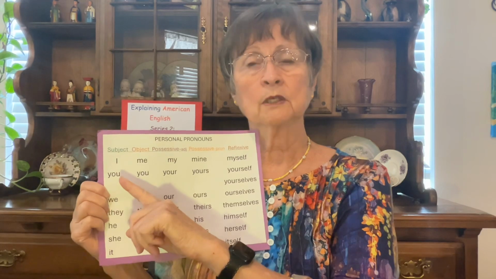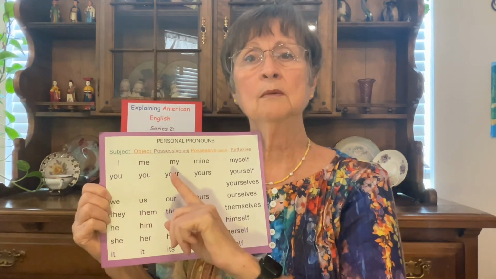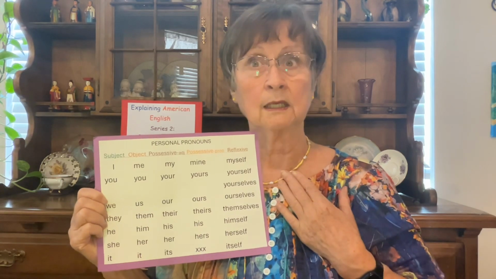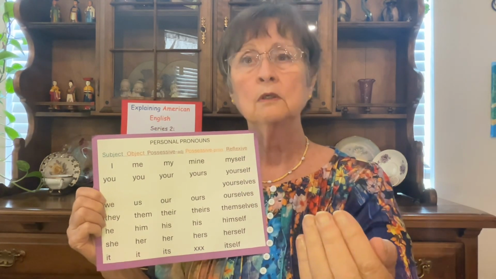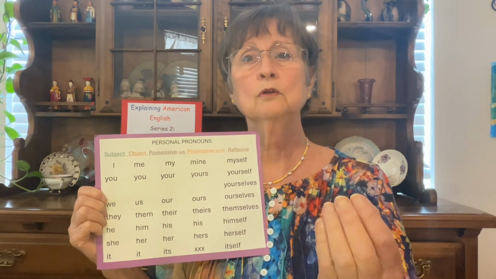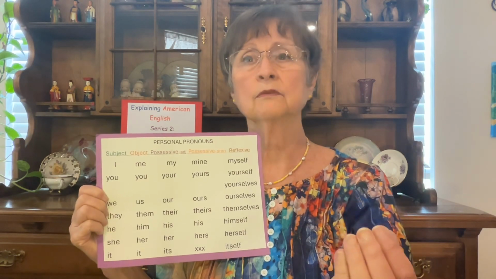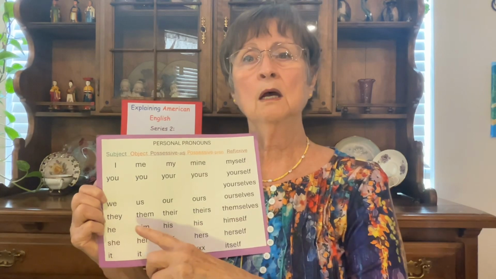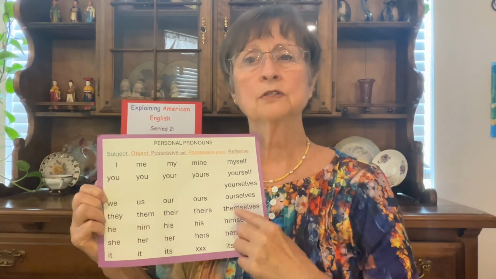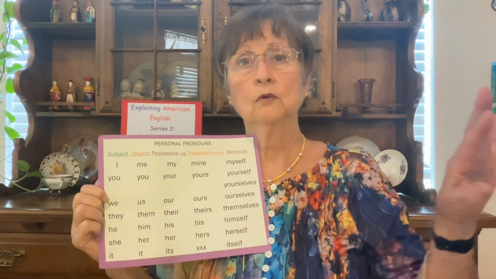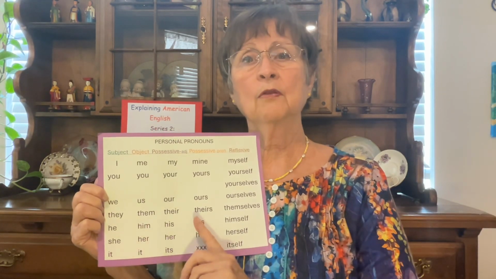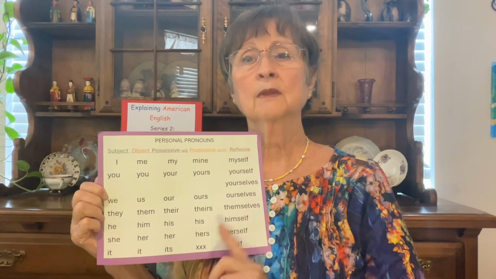I is the subject. You could also have me, my, mine, and myself, all talking about me. You, your, yours, yourself, yourselves. We, myself and another person. We, us, our, ours, ourselves. They, we're talking about some other people. They, them, their, theirs, themselves.